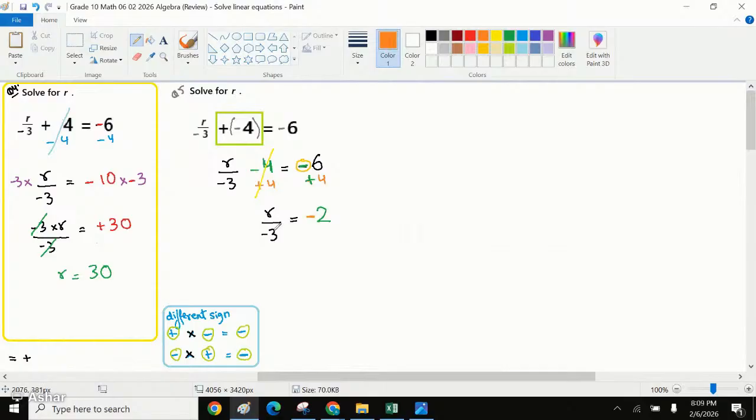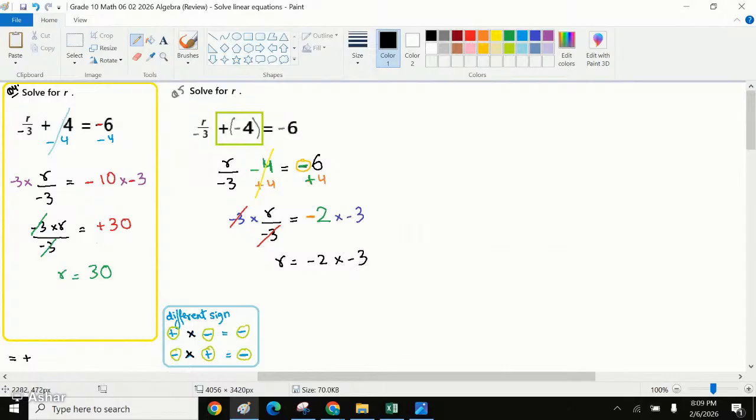So what we want is to remove the negative 3 from the denominator. We can cross multiply, and the rule for cross multiplying is we multiply both the sides with the same denominator. So this negative 3 and negative 3 cancel out, and we are left with negative 2 multiplied by negative 3.